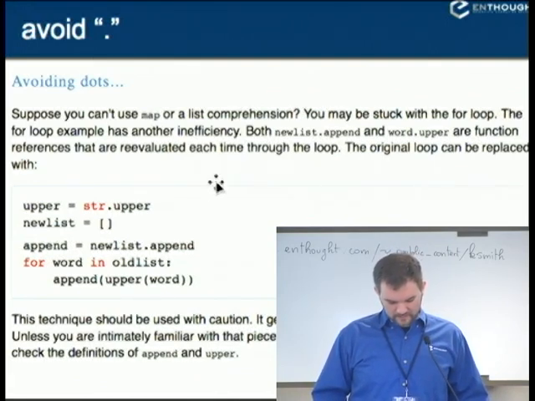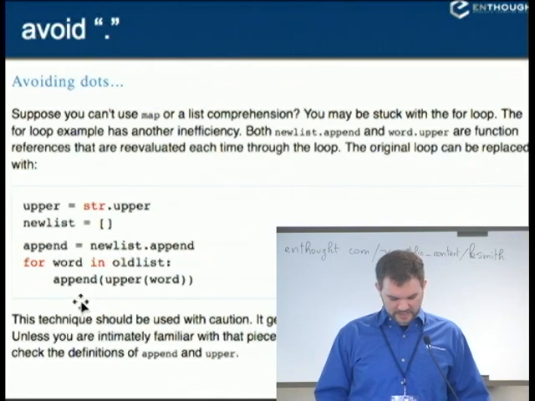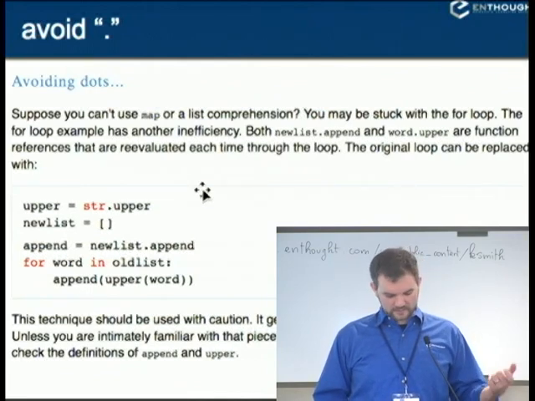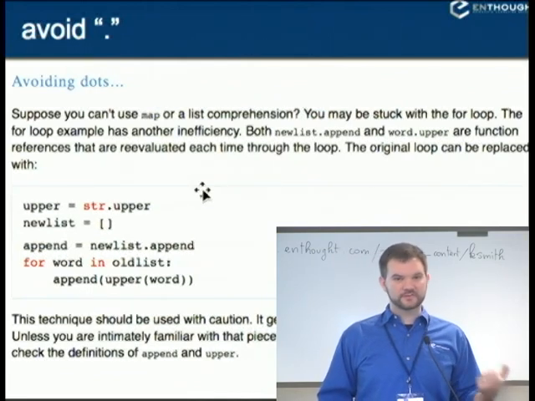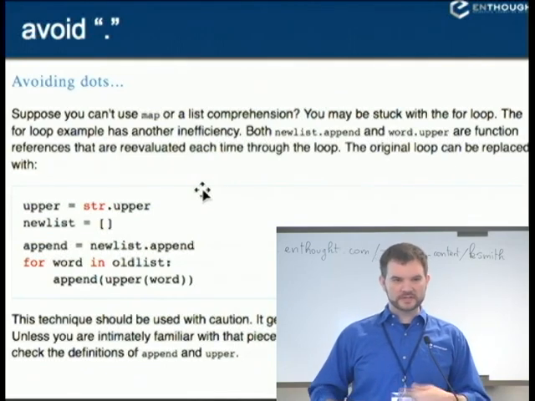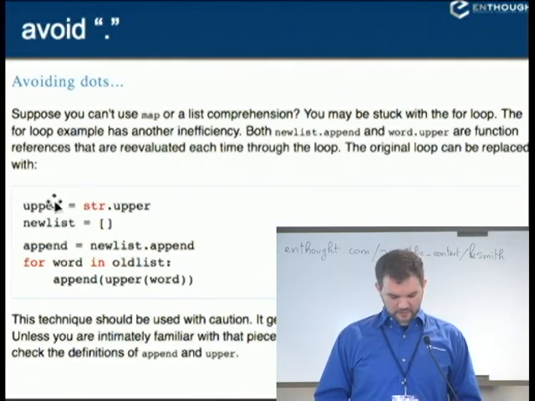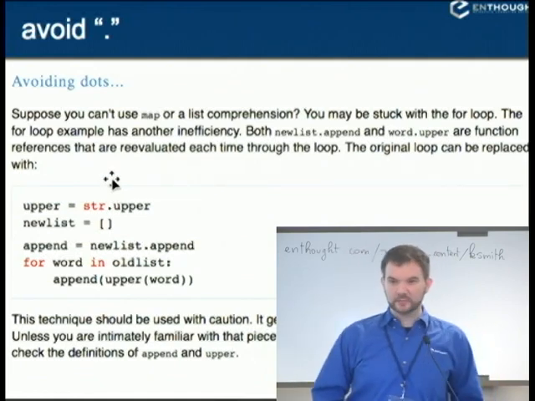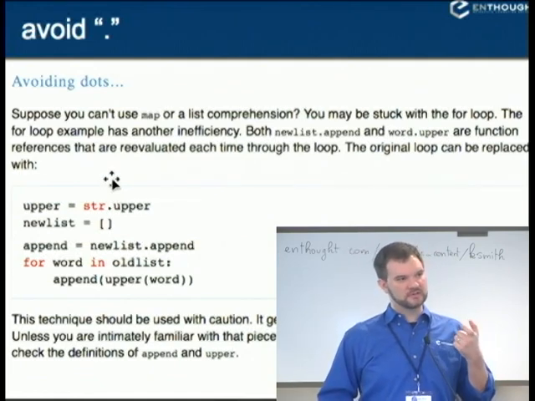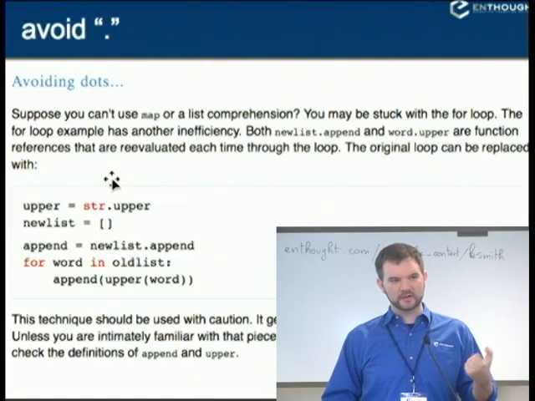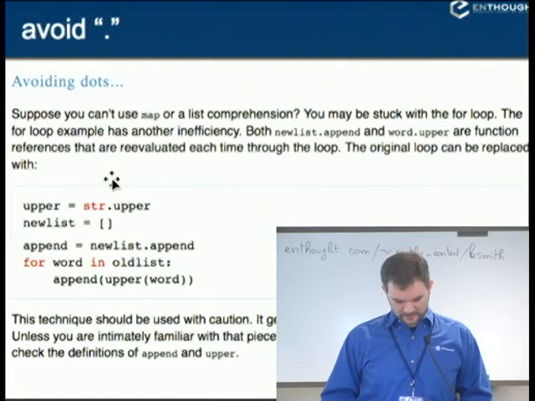So here we have a for loop, and it's the same for loop as we saw before, except the only difference is that we've now made aliases for these objects that we're calling inside of this for loop. Here we're making an upper alias, which is the same thing as string.upper, just creating a local variable upper that is string.upper.